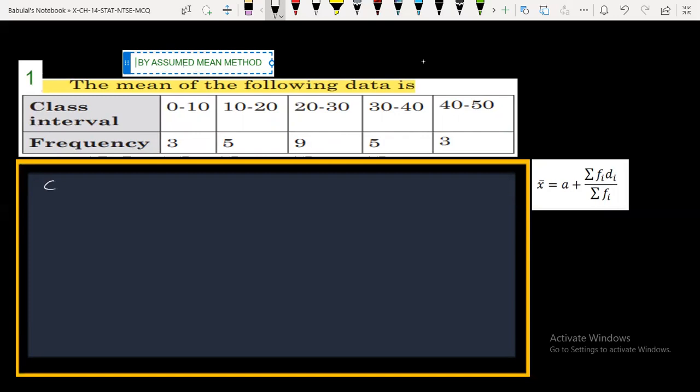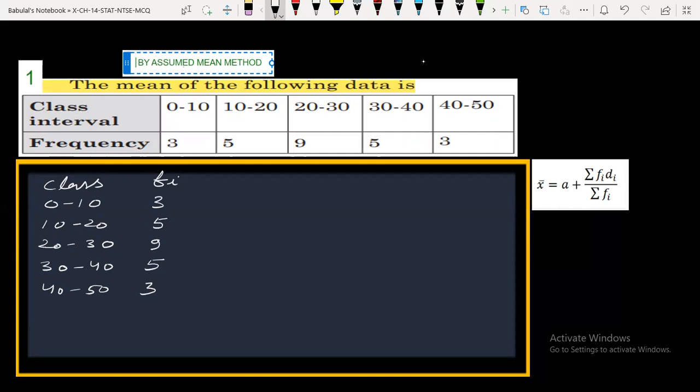So first of all, we write the classes as usual, that is 0 to 10, 10 to 20, 20 to 30, 30 to 40, and 40 to 50. This is given in our question. And their corresponding frequencies are 3, 5, 9, 5, and 3.